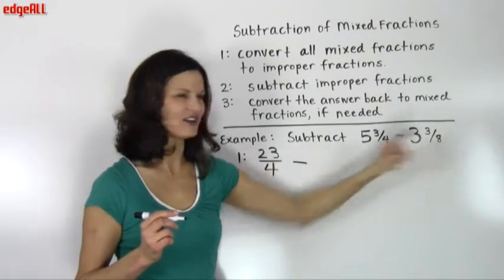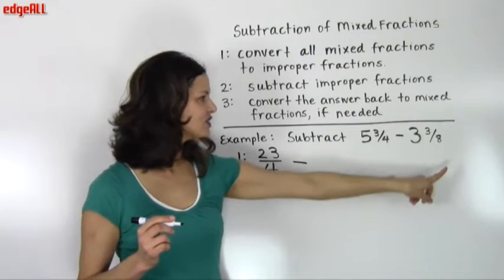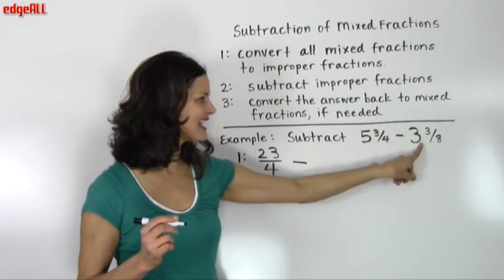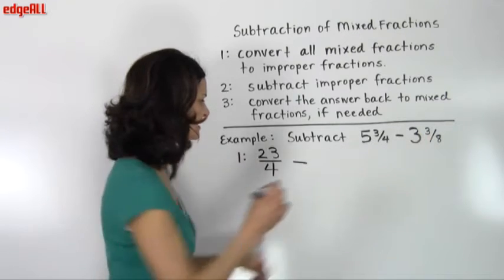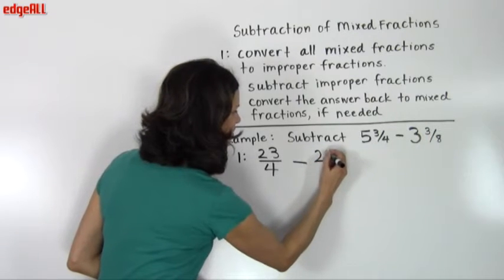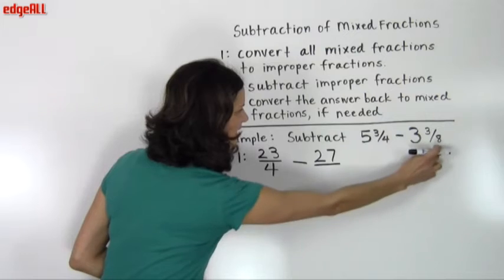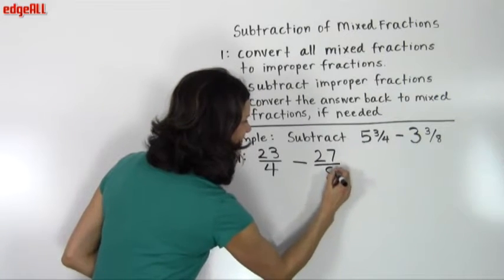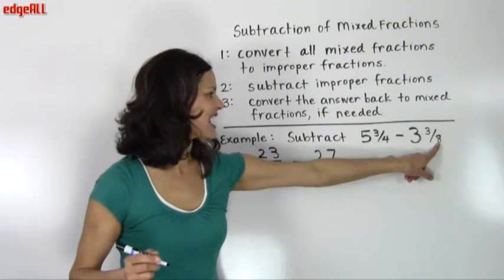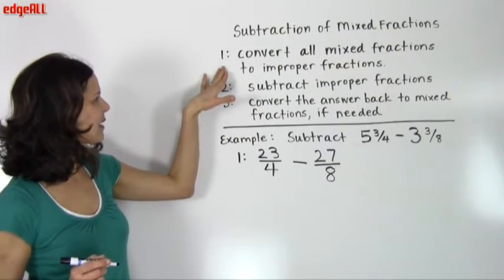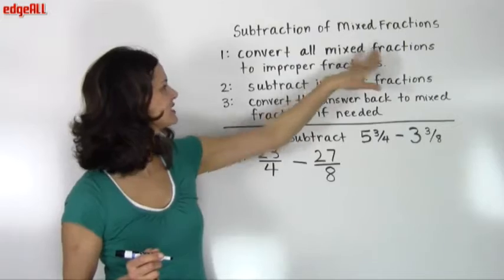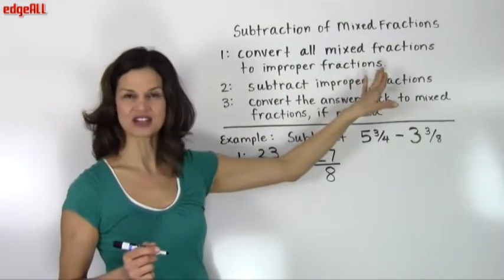So we're going to do 8 times 3 is 24. Add 3 is 27. So our numerator becomes 27, and our denominator remains as the number 8. And so now we have completed the first step. We've converted all our mixed fractions to improper fractions.